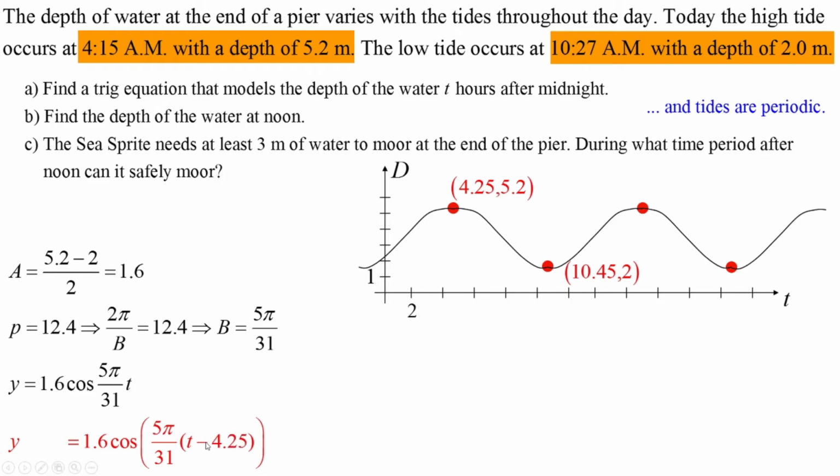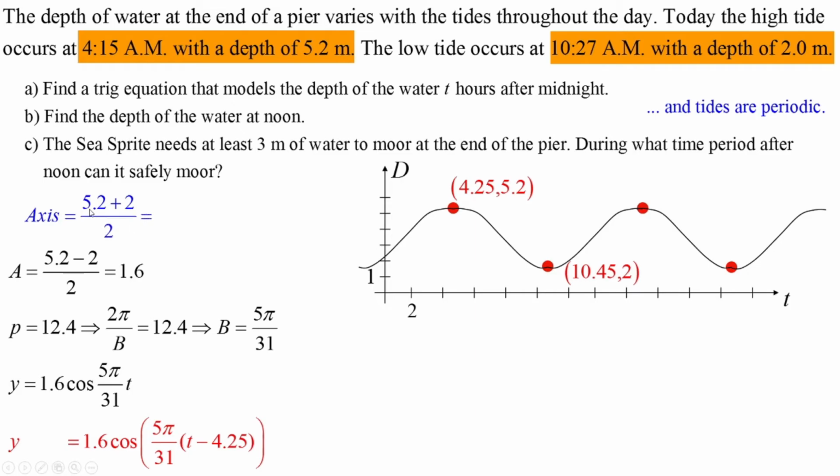There's horizontal. And then the vertical translation is nothing more than the axis of this wave. And what is the axis? Start memorizing these formulas. It's the max plus the min divided by 2. And the max is 5.2. The min is 2, divided by 2.